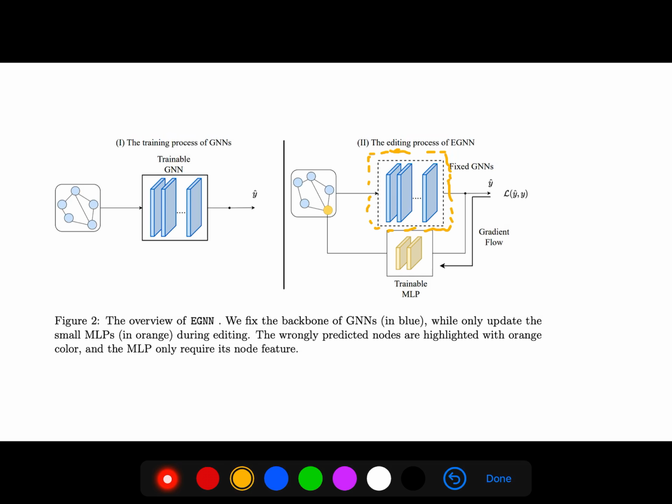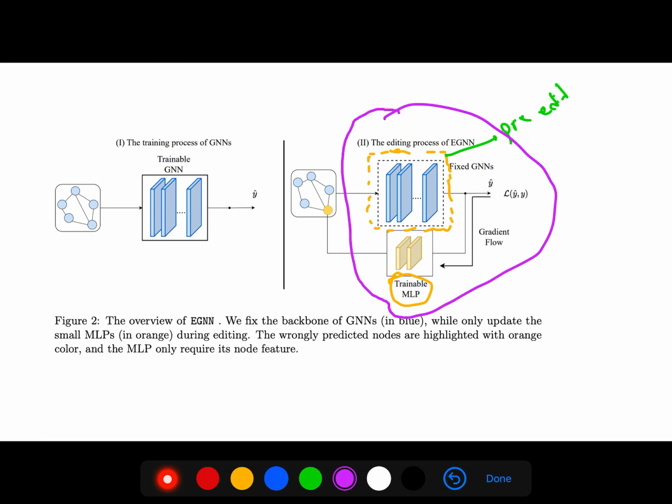We only try to learn this trainable MLP, which is the additional thing that we put into our model. And so we call this GNN the pre-edit model, and the overall model after addition we call the post-edit model.